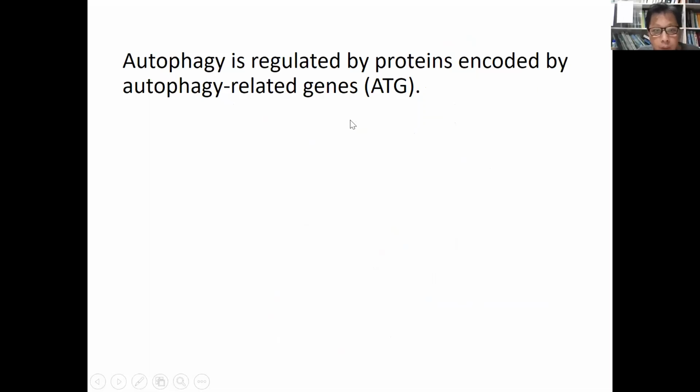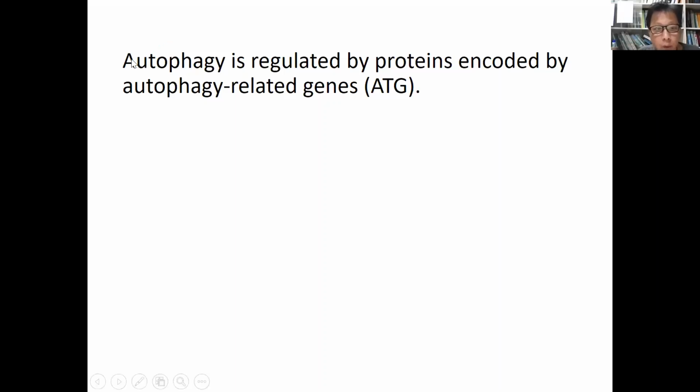Okay, this slide shows you how to examine the role of autophagy in the high light induced cell death and its physiological response.